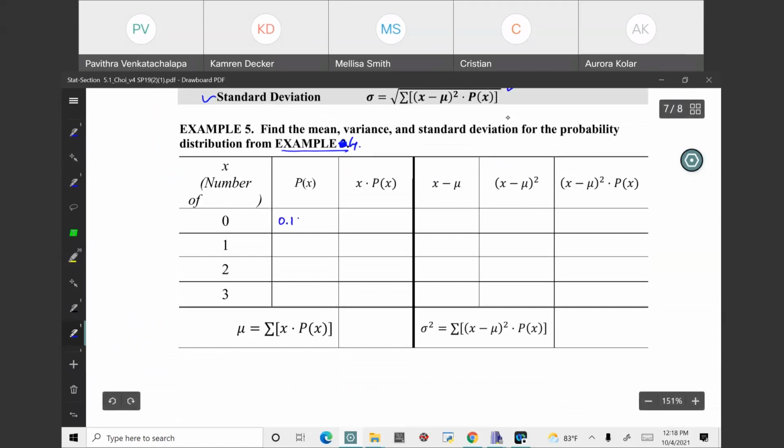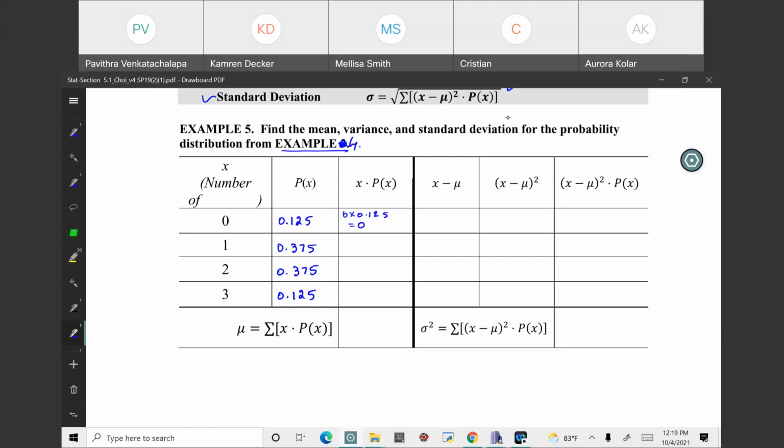So I'm just writing the probability in a decimal format. 0.375. So this information is from example 4. Okay. 0.125. Now, how do you get the next column? Just multiply x and p of x. Multiply the first column with the second column. So this is 0 into 0.125. I get 0.